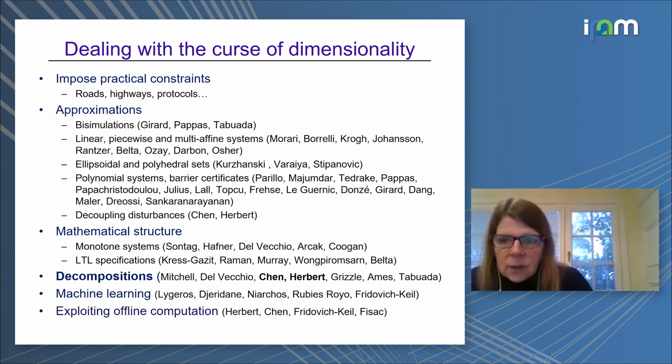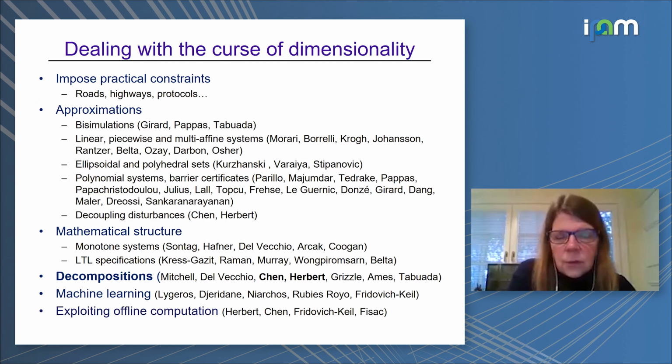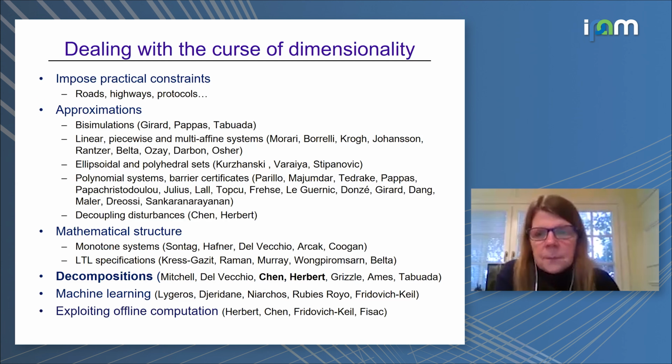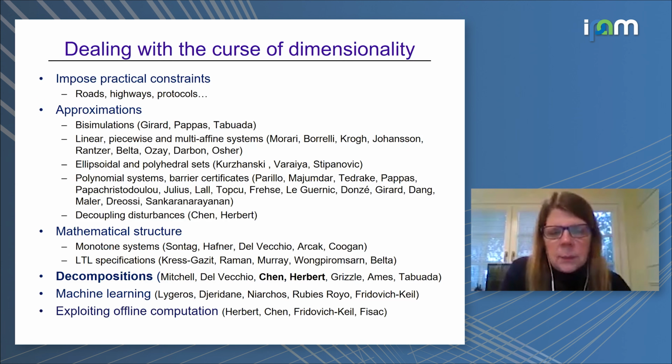Linear dynamics are easier to treat and easier to compute with in general than nonlinear systems. So looking at linear approximations of dynamics, or even piecewise linear, has been something that we and others have taken into account. Approximating the set structure, like ellipsoidal and polyhedral sets, there's been quite a bit of work there.